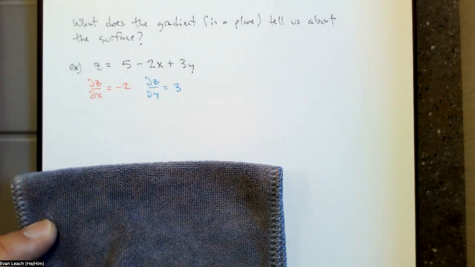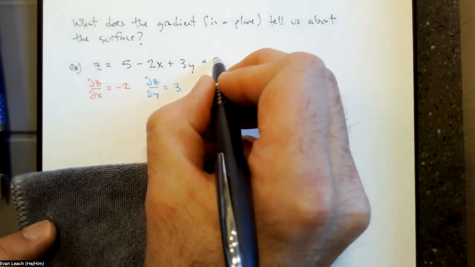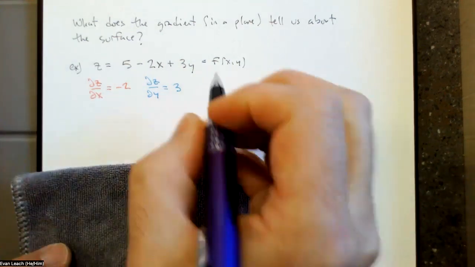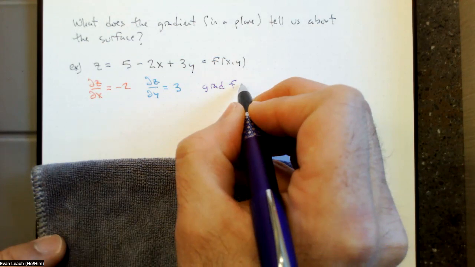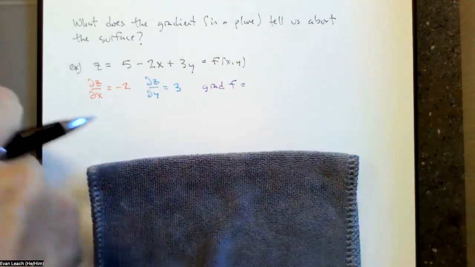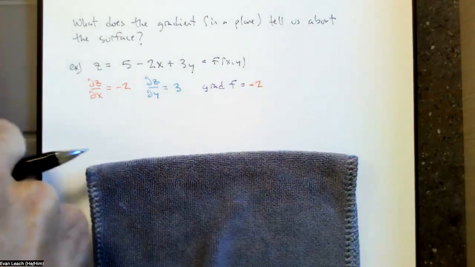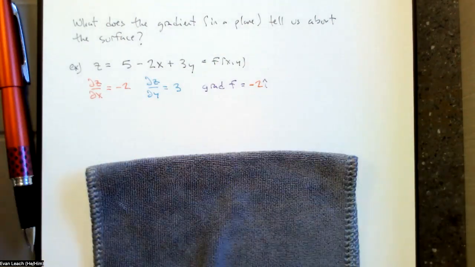So our gradient of f will just be -2i plus 3j.